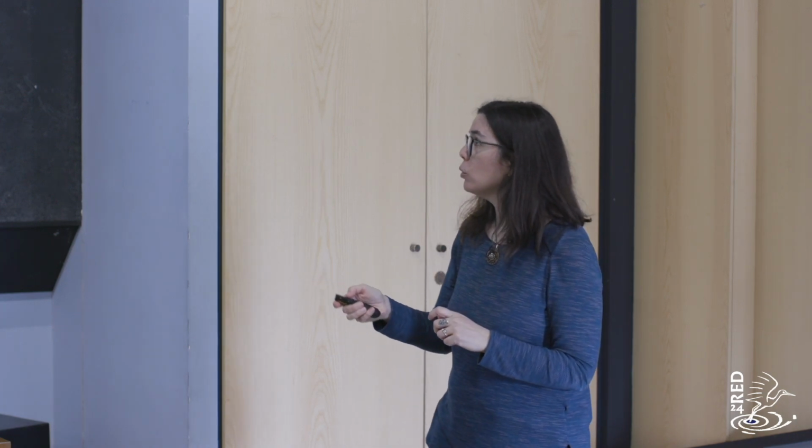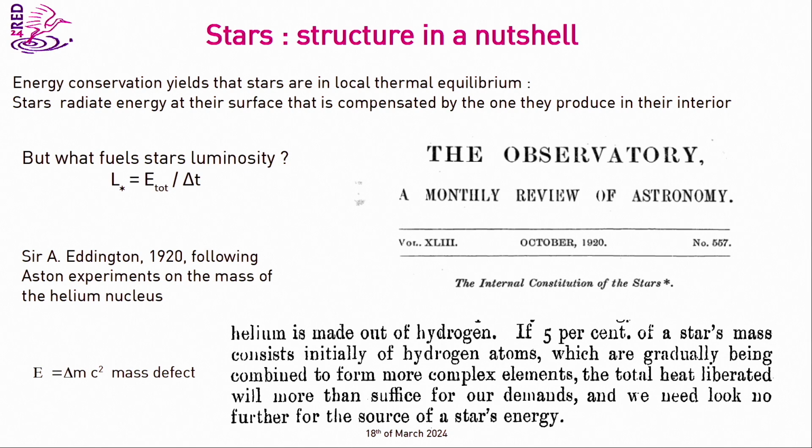The one who understood this first was Sir Arthur Eddington, who published in The Observatory this paper, called The Internal Constitution of Stars.